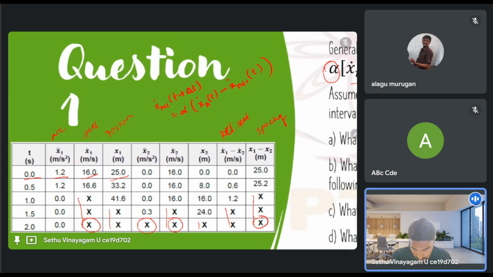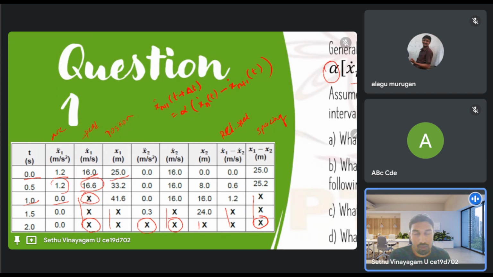For example, at time equal to 1 second, we know the leader's acceleration is 0, but we do not know the speed of the leader at that time. So we need to find out what the speed will be at time 1. Given that the speed was 16.6 at time 0.5 and the acceleration was 1.2 meters per second squared at that time, what is going to be the speed of the leader at time equal to 1 second?